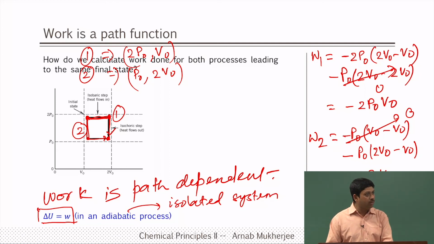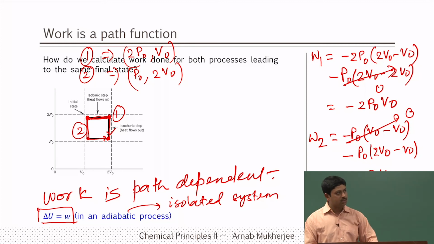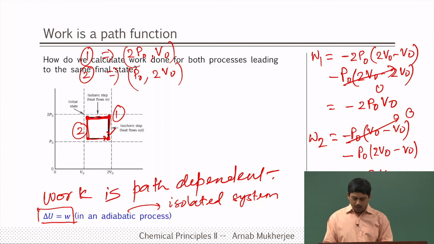If you do work on the system, then your internal energy will increase. You compress the gas, the internal energy will increase. You expand the gas, the internal energy will decrease. So, that is why it is work done on the system. Whenever we write work, it is inherently assumed to be work done on the system, and that will increase the internal energy of the system, because we are not supplying anything else.